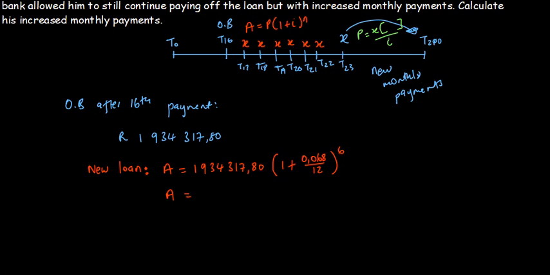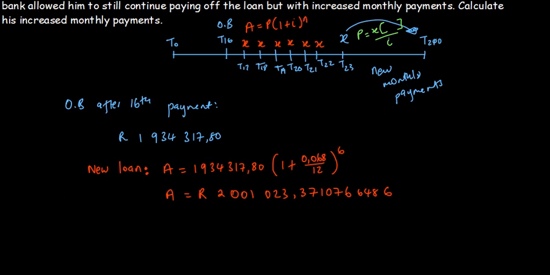Right, so you'll get that the loan is now back at 2 million and something: 2,001,023.371,076,648,6. So this is the new loan.